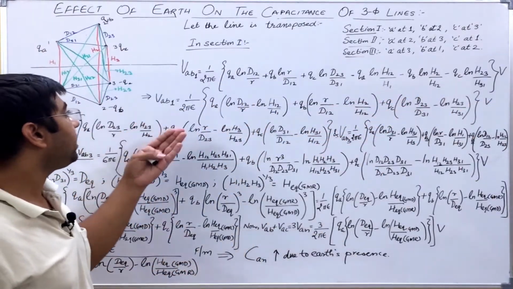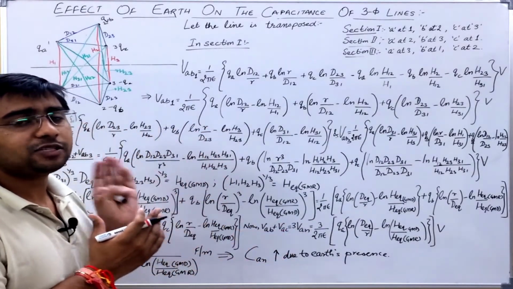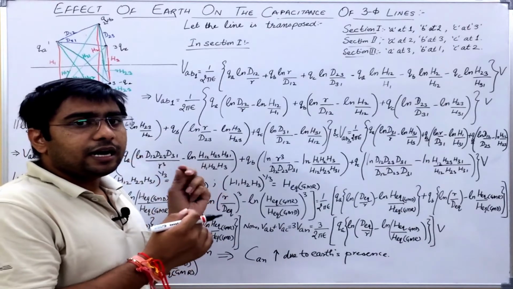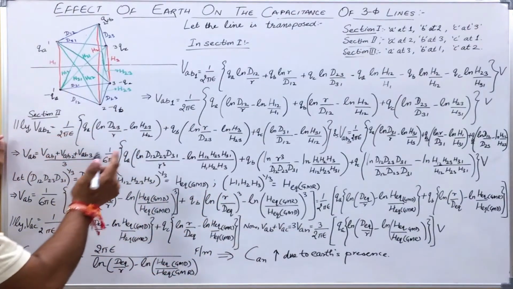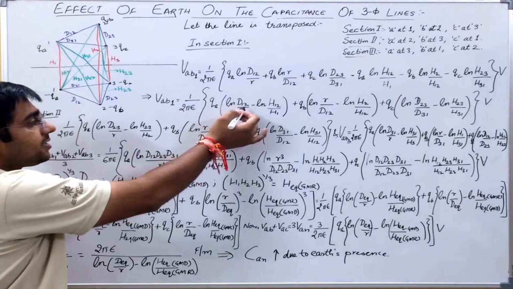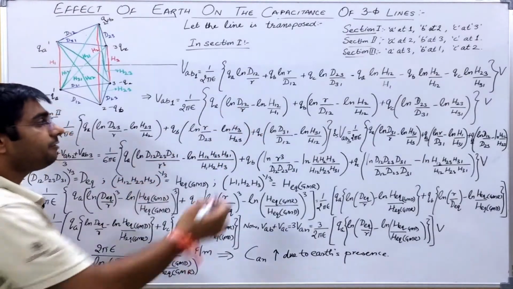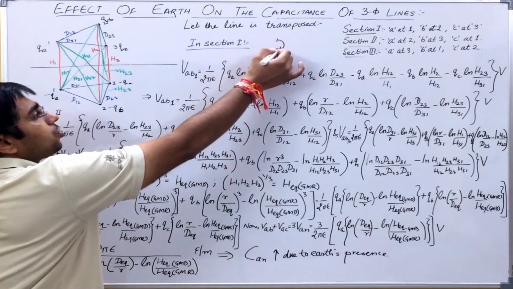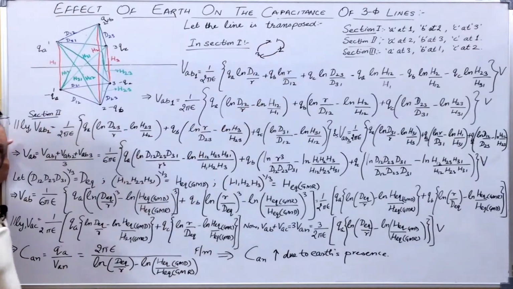Similarly, I can write the expression for VAB2, the potential difference between A and B in section 2. We can write it directly by just increasing the subscripts cyclically: 1 changes to 2, 2 changes to 3, and 3 changes to 1.